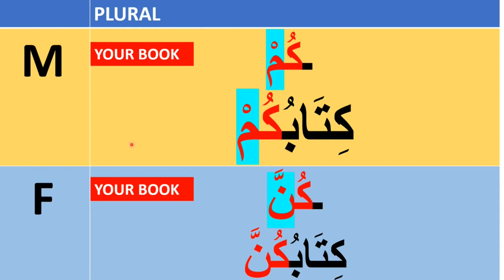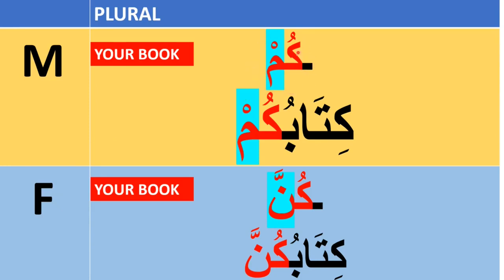If we take the example of the noun kitab, so kitabukum for the plural masculine, and kitabukunna for the plural feminine.